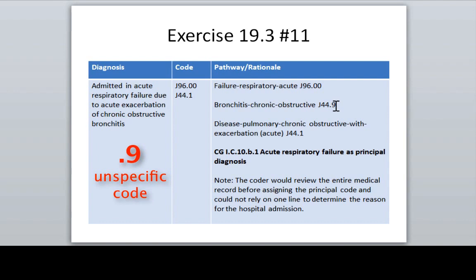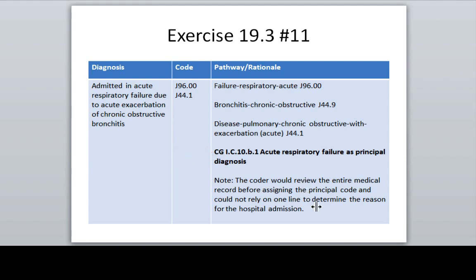So whenever possible, you want to code more specificity. So if we start with disease, because we know that chronic obstructive disease is a pulmonary disease, and if we go this path instead, disease, pulmonary, chronic, obstructive with exacerbation, acute, J44.1, a much more specific code and the correct code. And the guideline is acute respiratory failure as a principal diagnosis.